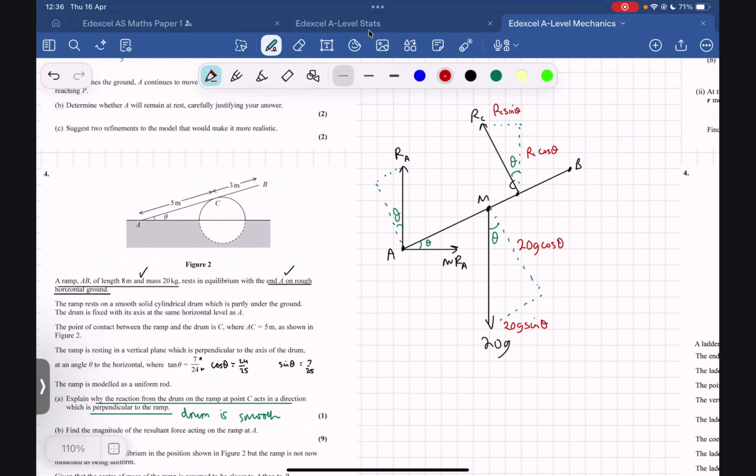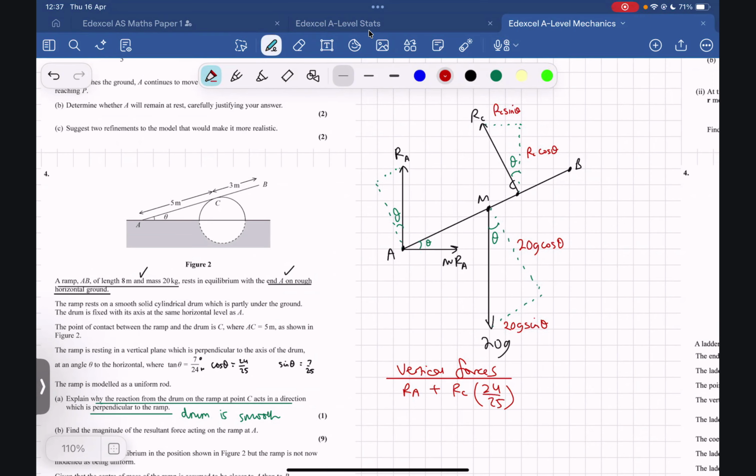Let's do vertical forces. So my forces going directly up are RA plus RC cos theta. RA is already going straight up.